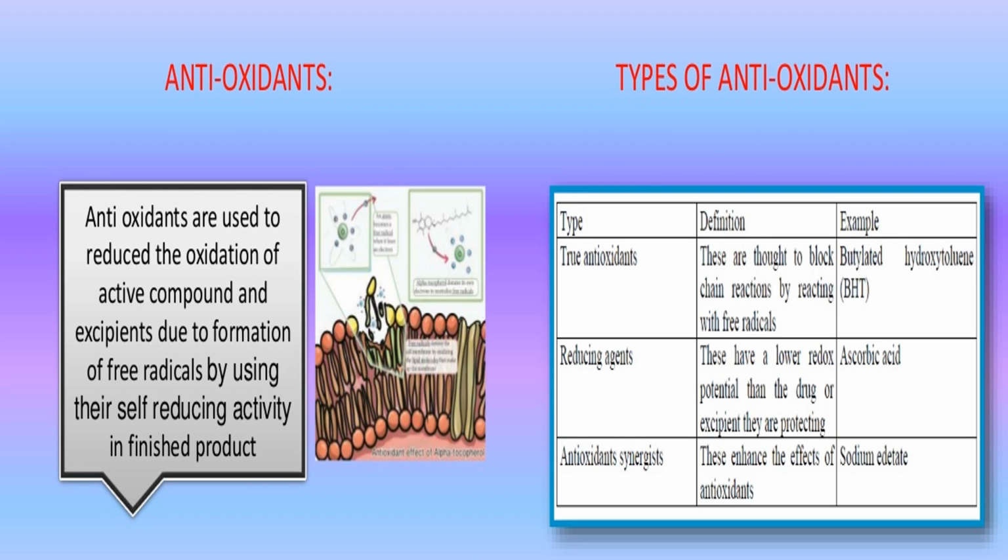They act as a reducing agent, so they will prevent the oxidation. They have an oxidation potential, redox potential, less than your drug. Example is ascorbic acid. Antioxidant synergists. These enhance the effect of antioxidants, and like sodium EDTA, they act as a chelating agent also. Okay? So chelating agents can be used as synergistic antioxidants.